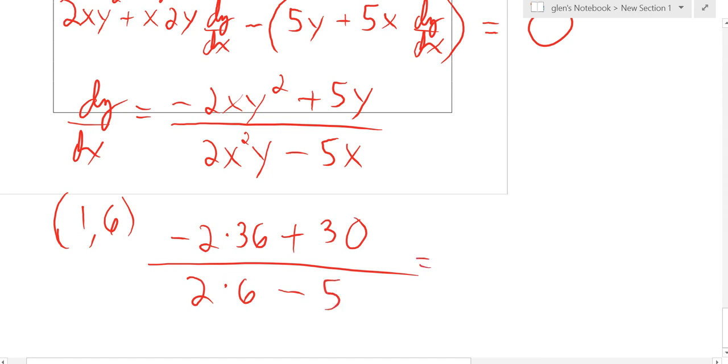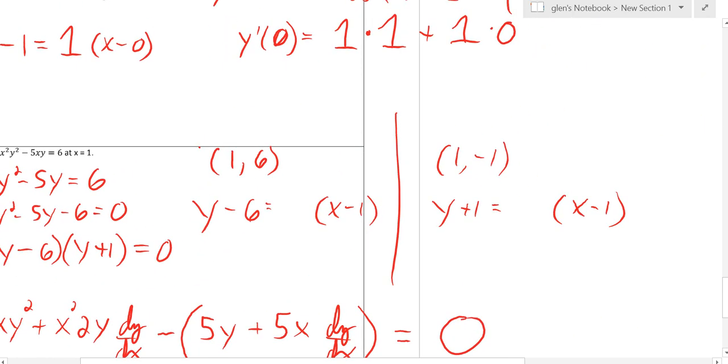That's negative 72 plus 30, which is negative 42, divided by 12 minus 5, which happens to be 7, which means the slope at 1, 6 is negative 6.